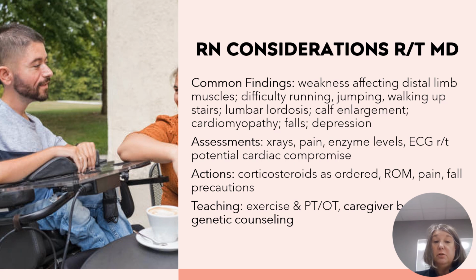There can be respiratory compromise, falls, fractures because of the falls, and depression, right? Because these people, for the most part, are A&O times 4, and you are progressively losing your functional ability, right? So there are a lot of psychosocial aspects related to that.